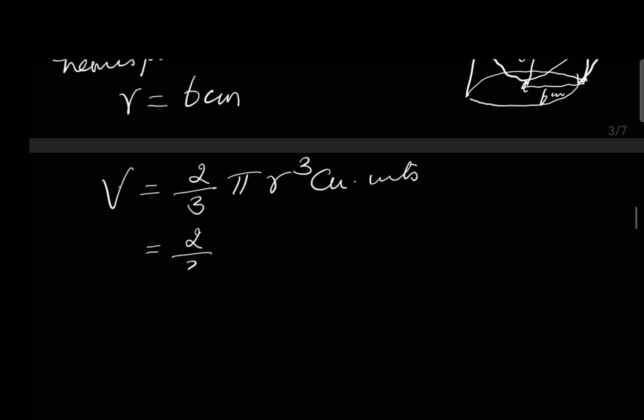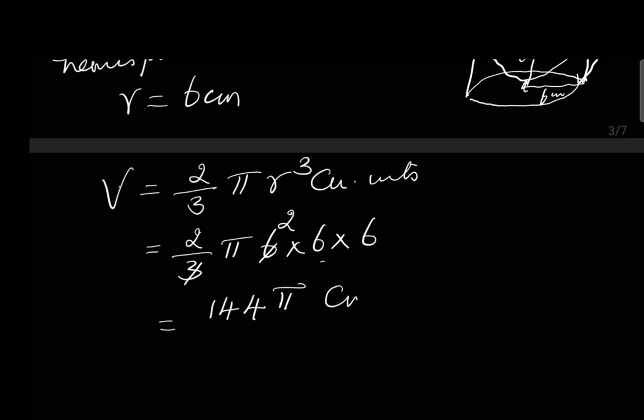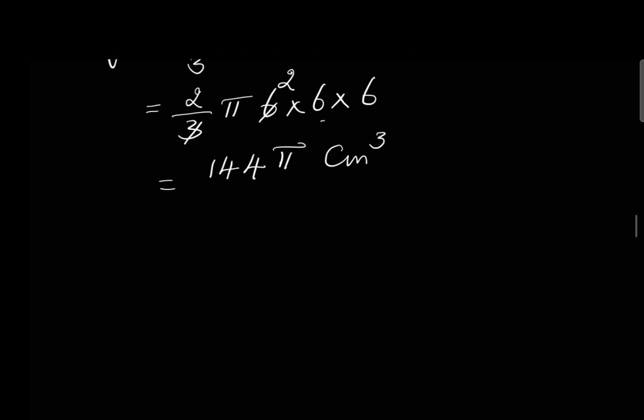So 2 by 3 pi, 6 into 6 into 6. 3 goes into 6 two times. 6 sixes are 36, 2 twos are 4, so 36 into 4 is 144 pi centimeter cube.